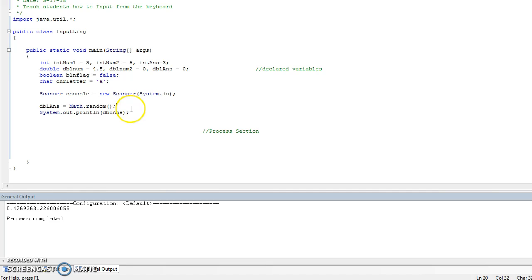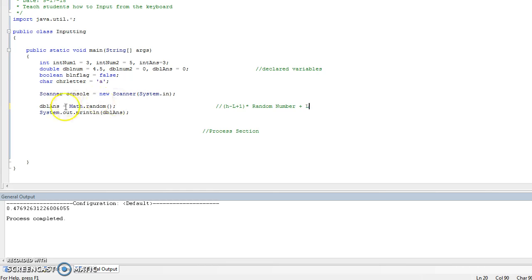And for those who came from Visual Basic, if you remember our formula, high minus low plus 1, times our random number, plus our low value. That's how we could generate numbers between a range of numbers.